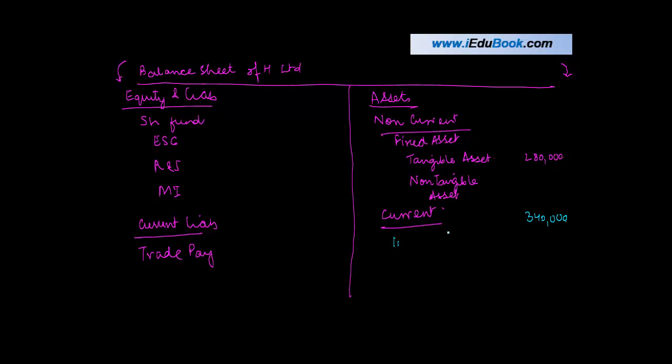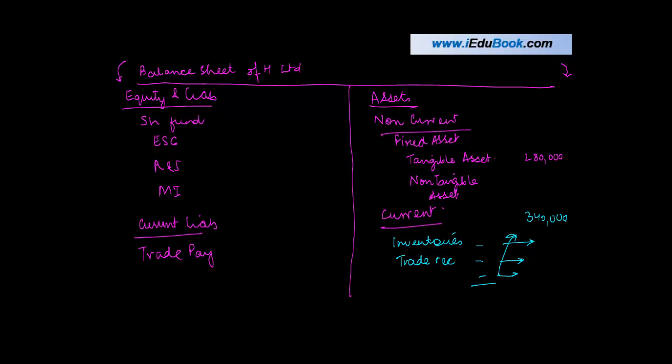Otherwise, if you are given the bifurcation between inventories, trade receivables, and others, you should first give those balances here and then take the totals. Or you can simply reflect this here as well.